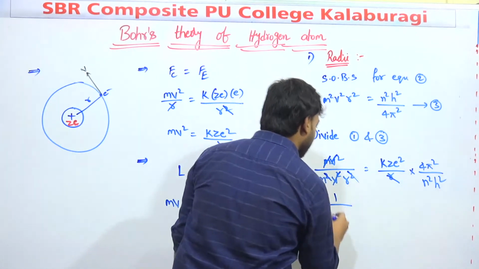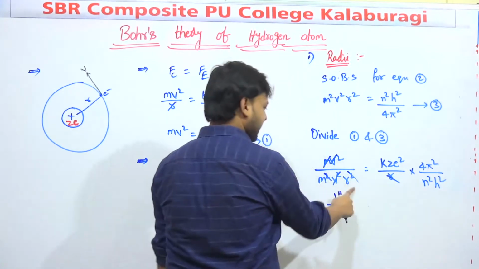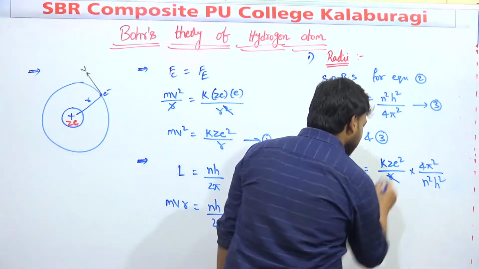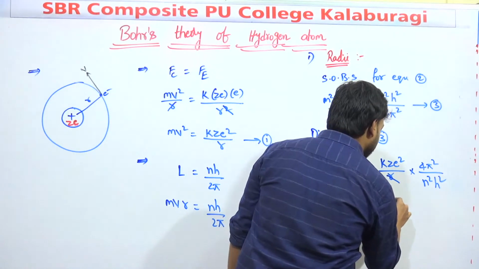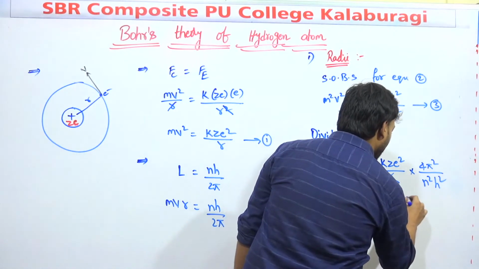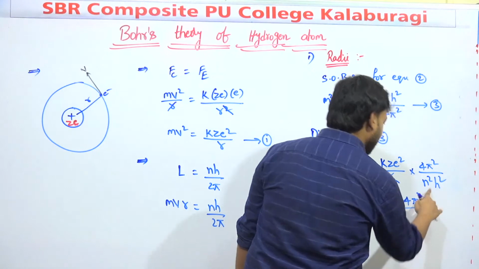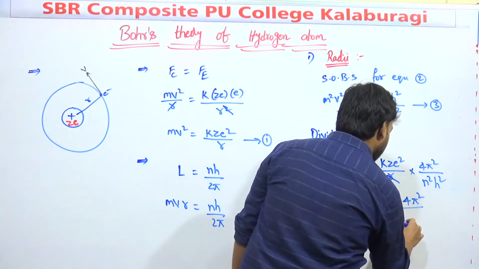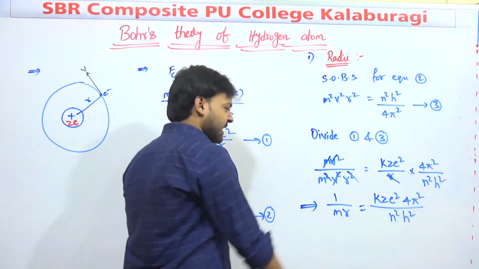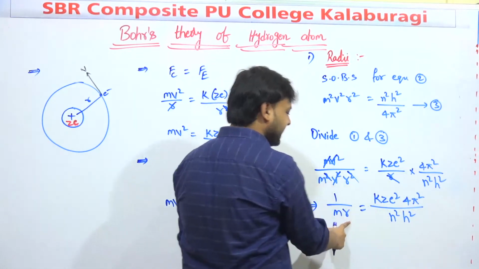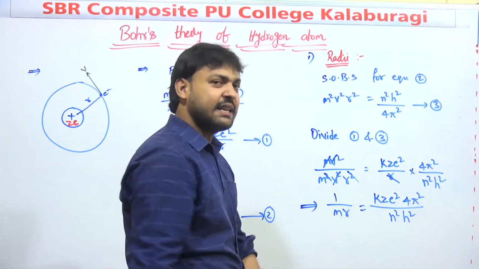So here we have 1 divided by m into r. One m is there and one r is there, which is equals to the other side kz e square 4 pi square divided by m square and h square. Right? This m also can be sent to that side such that we can reverse the things, so we can calculate r.